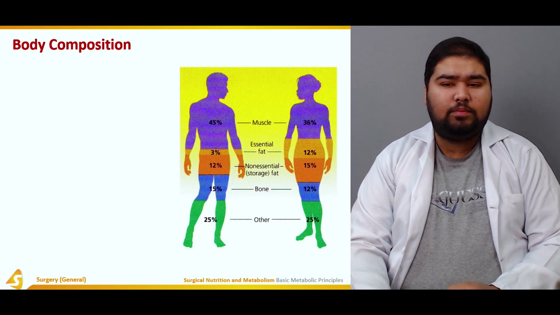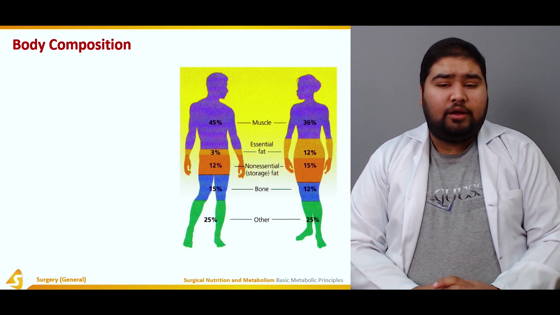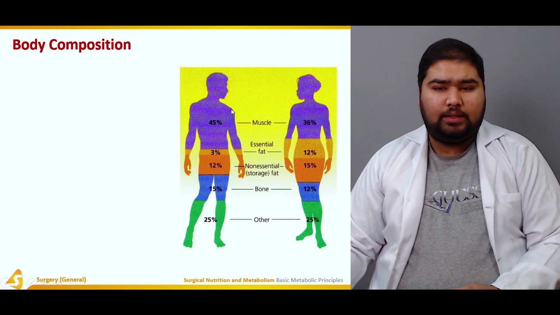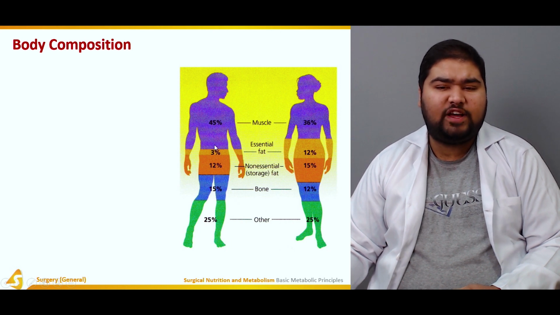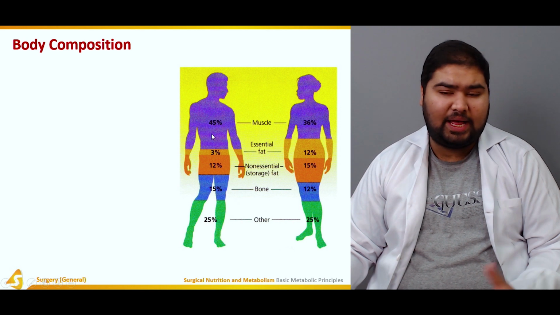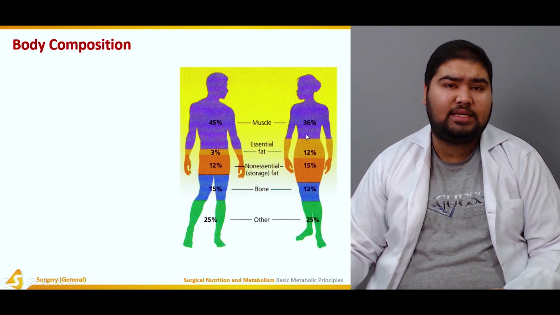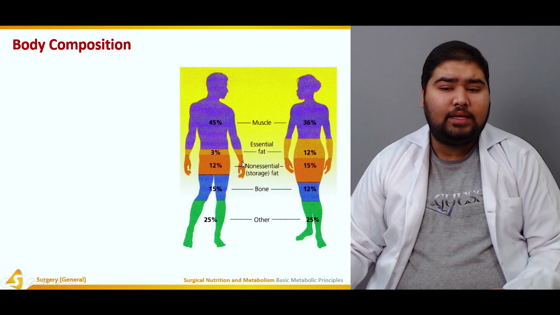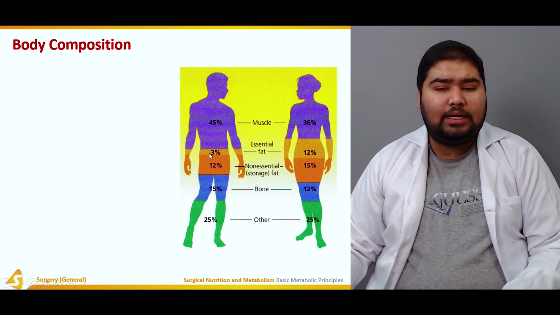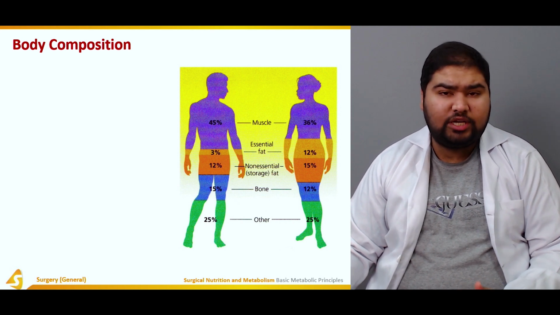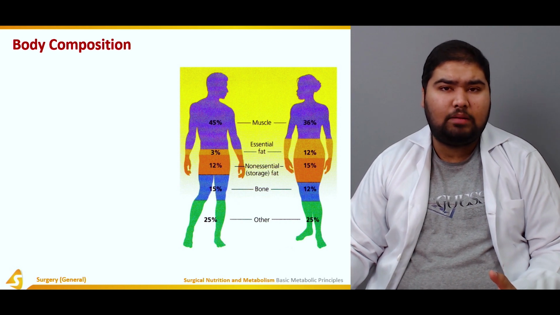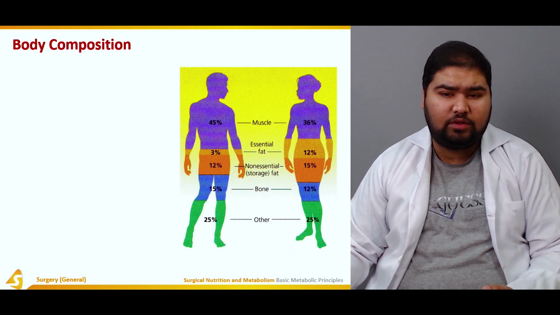So first of all, the bodily composition. Referring to the figure, this is an adult male, this is an adult female. An adult male has 45% muscle mass, an adult female has 36% muscle mass. This in light orange, this 3% is the essential fat. This is the amount of fat that is required in the body for your organs to stay in place and for the normal functioning of the body.